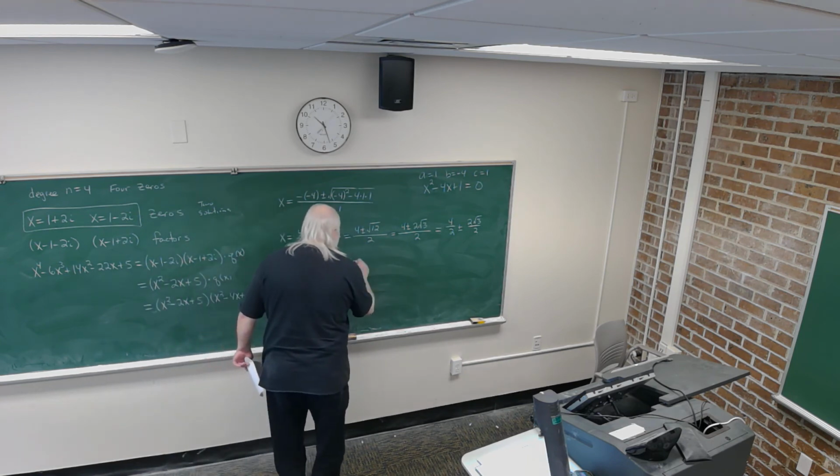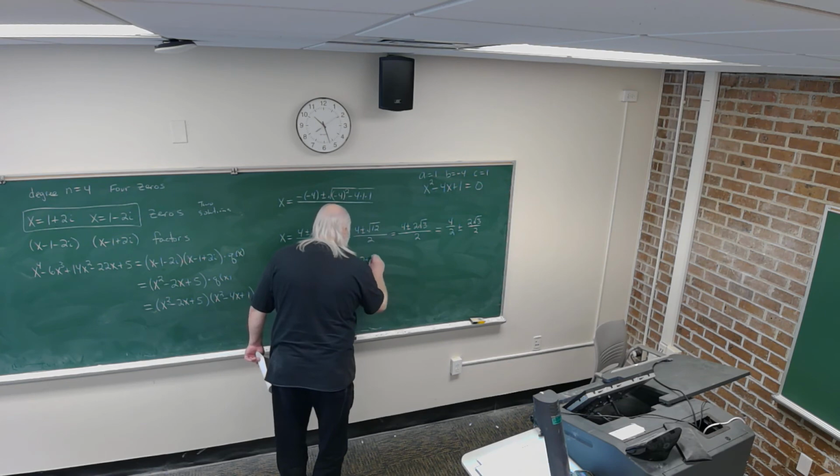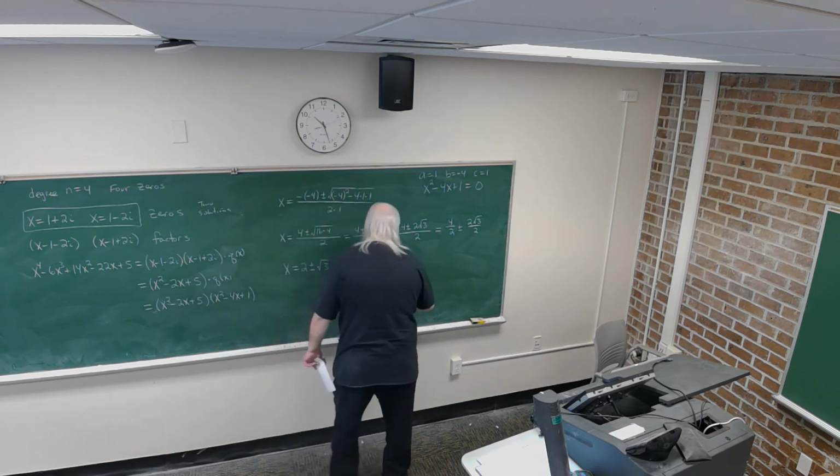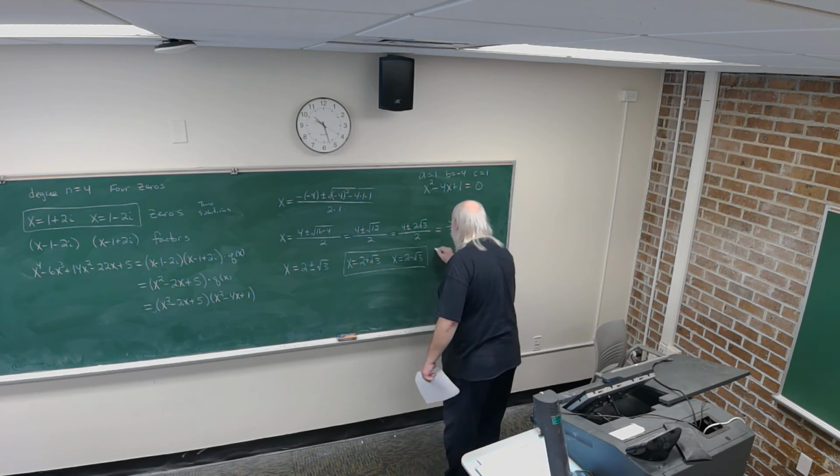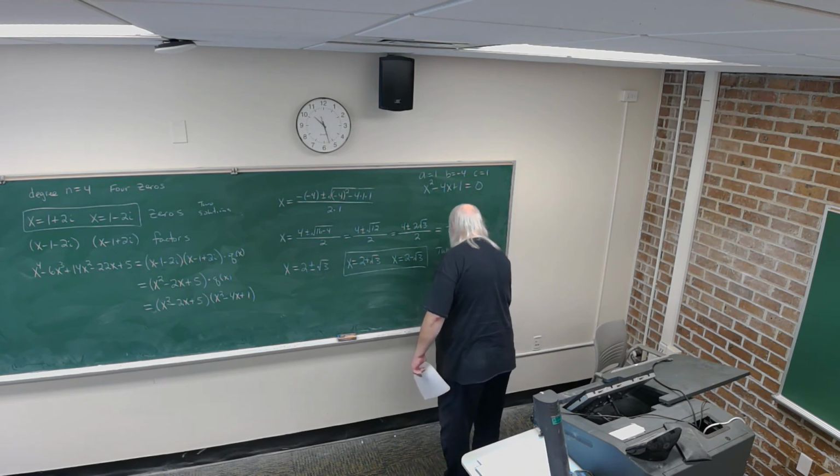So x equals 2 plus the square root of 3 and x equals 2 minus the square root of 3 are the two remaining solutions. Or zeros.